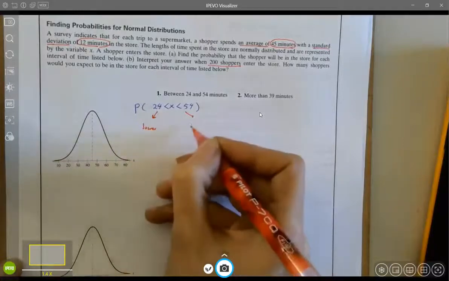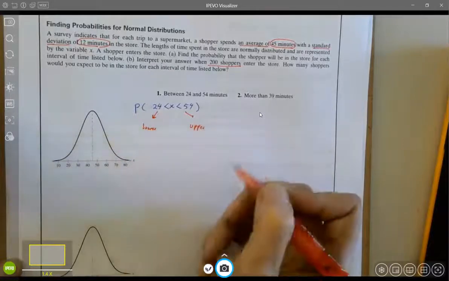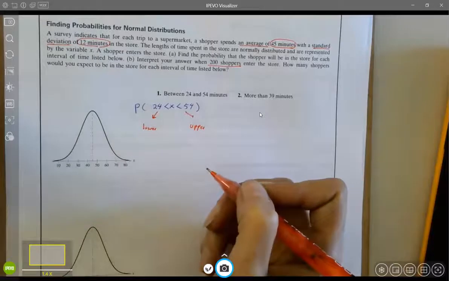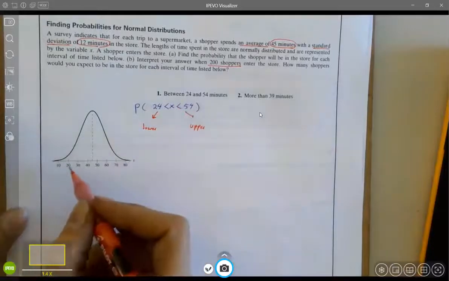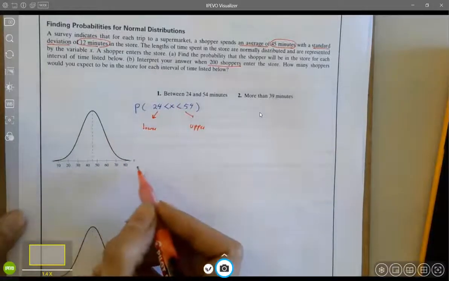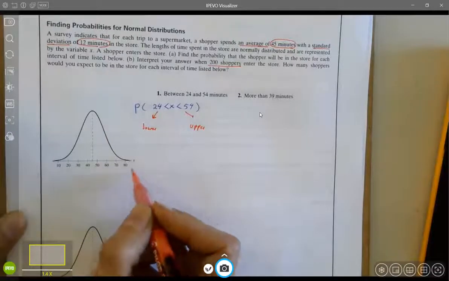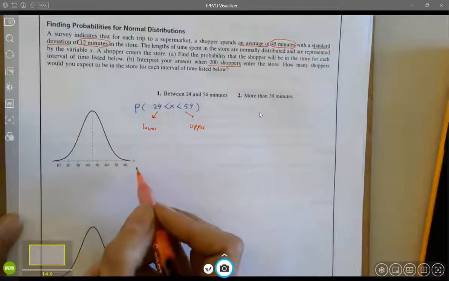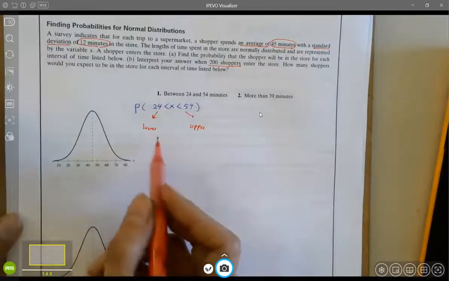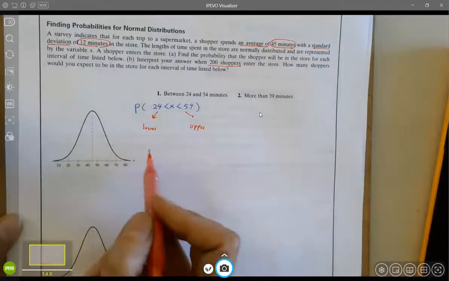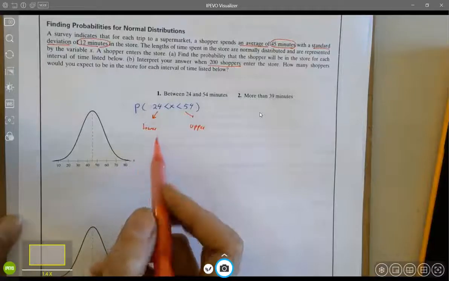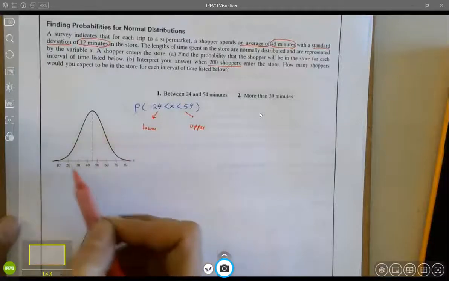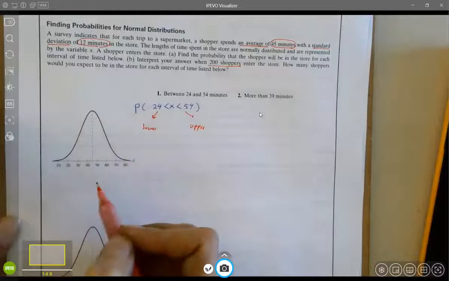This is our lower and this is our upper bound. These are X values, so our horizontal axis has X values. We're not working with the standard normal distribution, not with our Z values. Of course, we can convert each of these into Z and use our standard normal distribution. But since we have X, we can directly use our X values.